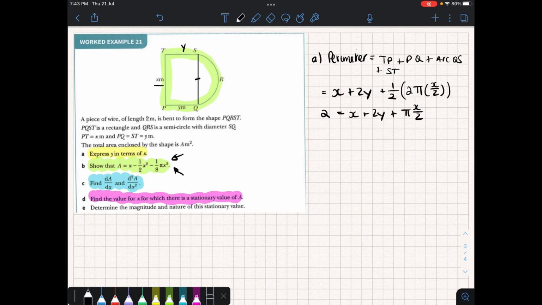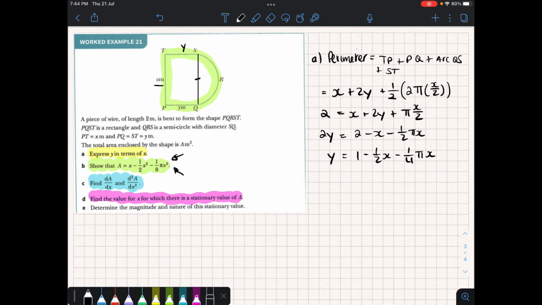And just by rearranging things, I'll get 2y equal to 2 minus x minus 1/2 pi x. And then dividing through by 2, I'll get y equal to 1 minus 1/2 x minus 1/4 pi x. So now I have an equation for y in terms of x. And that's good because we're going to need that to eliminate the variable y in our next equation.